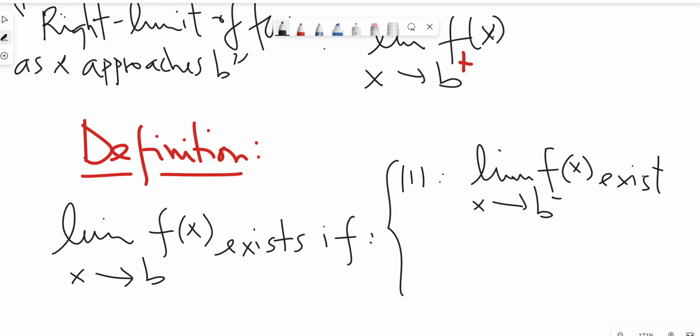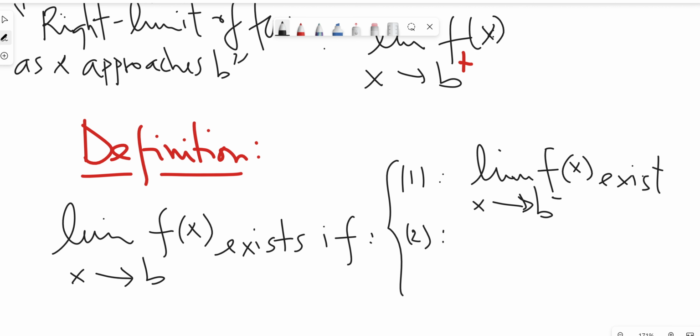So you can see this, the idea of convergence, as x gets closer and closer to the value b from below or from the left. You can see how the function, the value of f of x, the output, seems to be increasing towards a fixed value. So the left limit exists in that case.